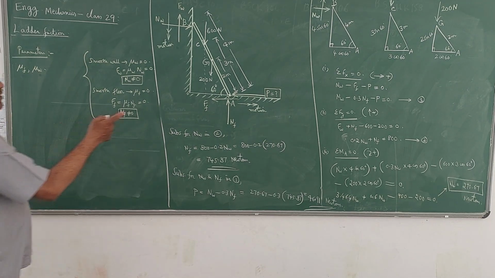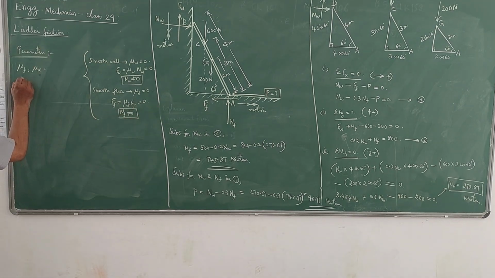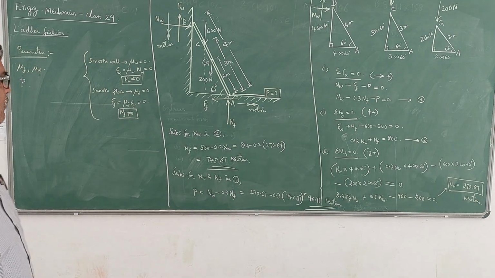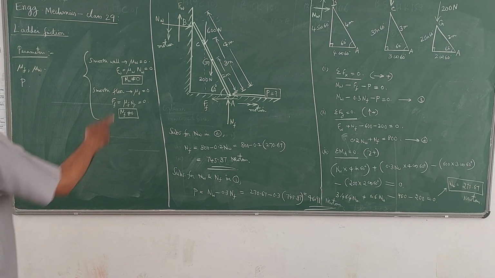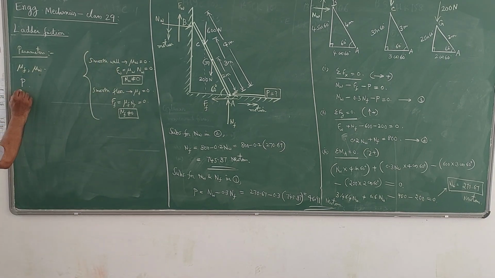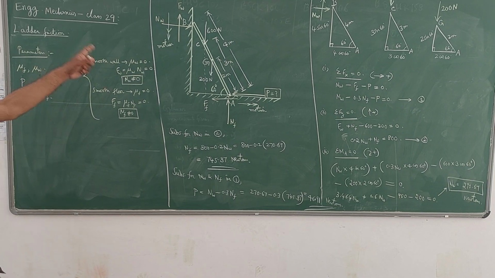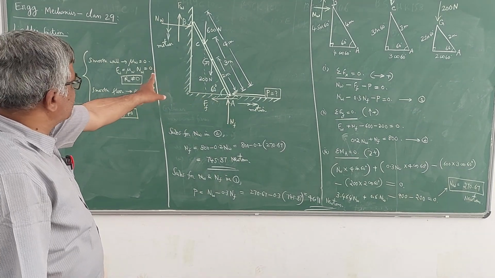Then sometimes they may ask you to find the minimum horizontal force P to avoid slipping of the ladder. That is also a parameter. Then coming to NW, NF, Fw, Ff, these are the parameters. I am listing what are the parameters involved in this type of problem.